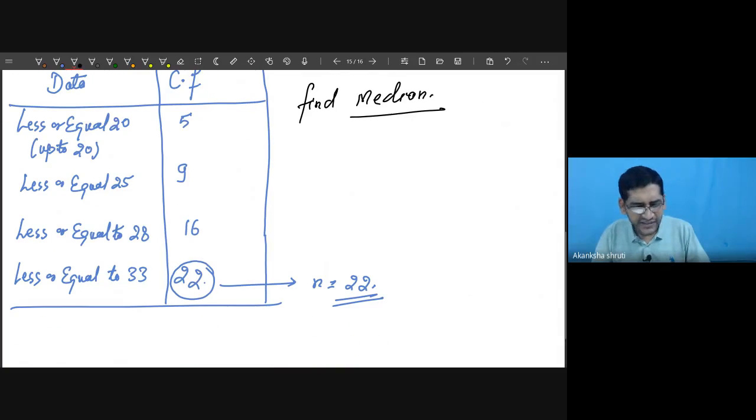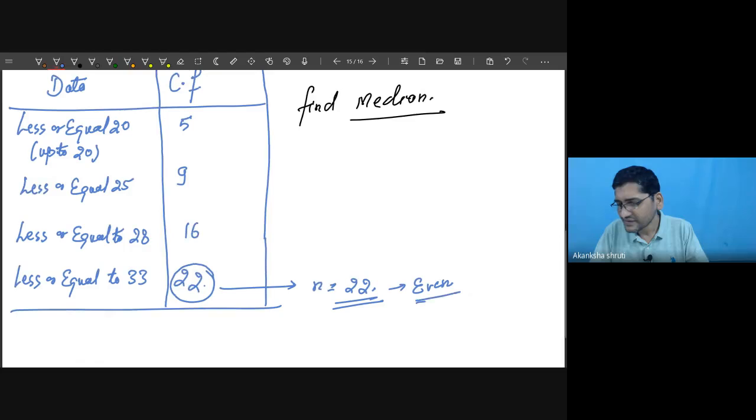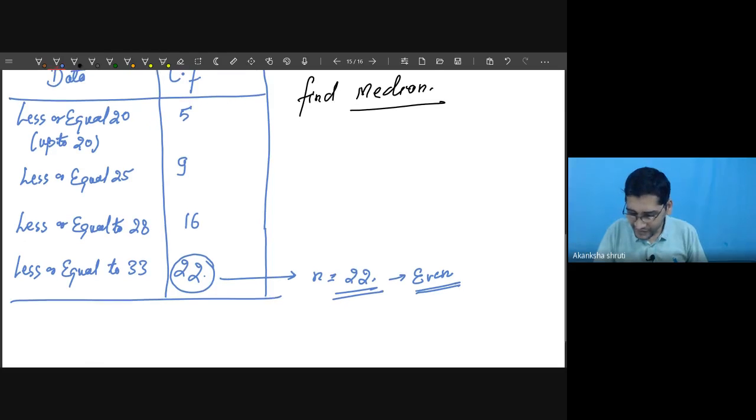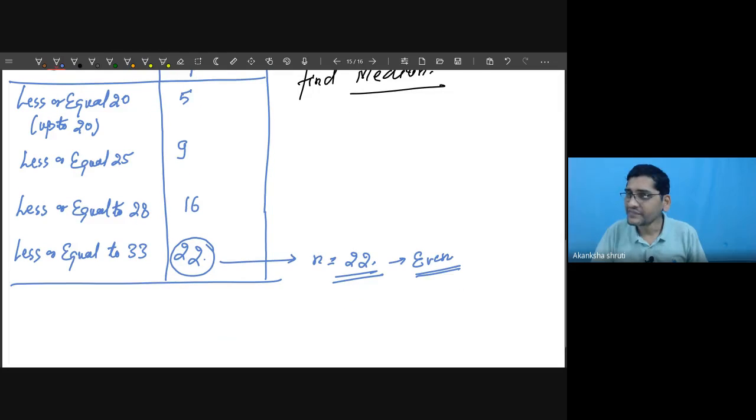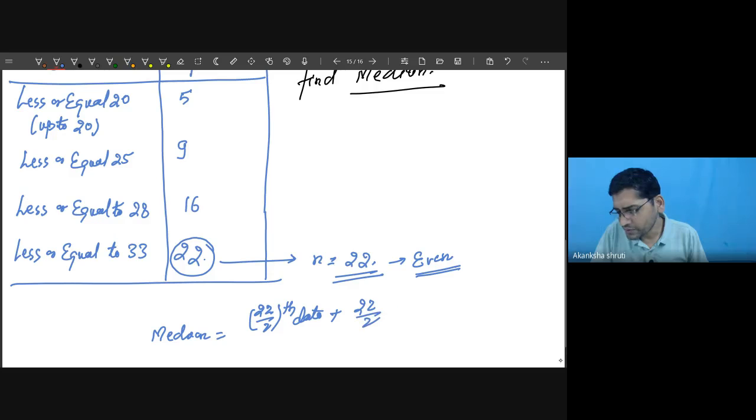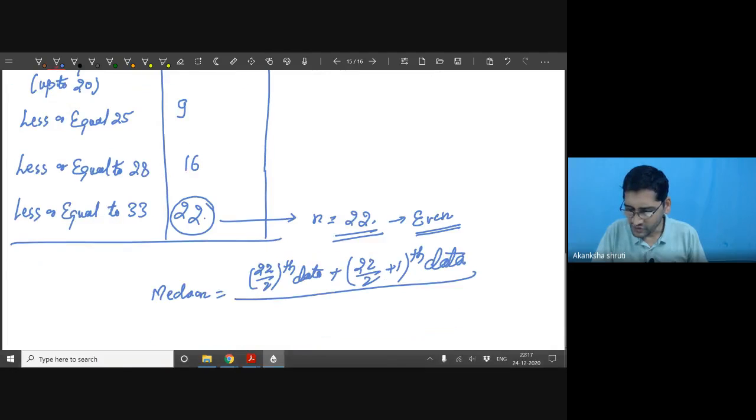Here n is even. So how can we get the median? The median is equal to the (22 by 2)th data plus the (22 by 2 plus 1)th data, divided by 2.